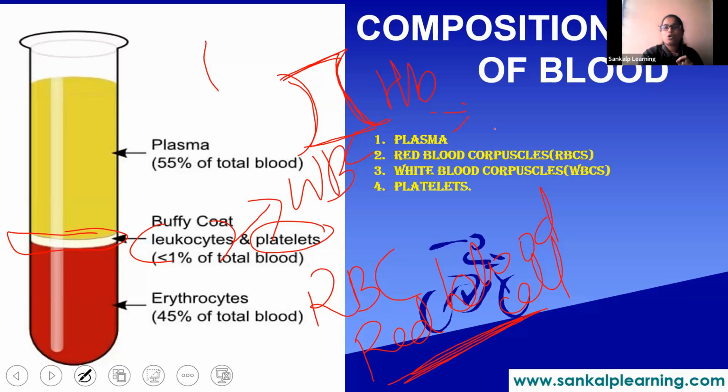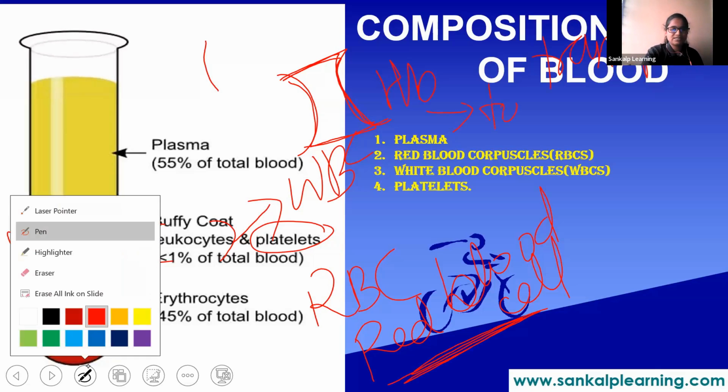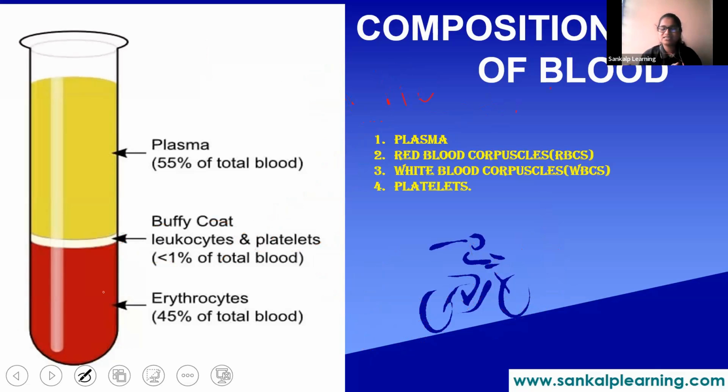To transport oxygen. Red blood cells transport oxygen, because hemoglobin is present on the membrane of that cell. I hope you understood this. All of you got this? How will we find the composition of blood?